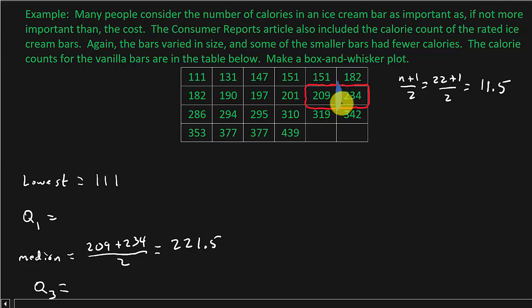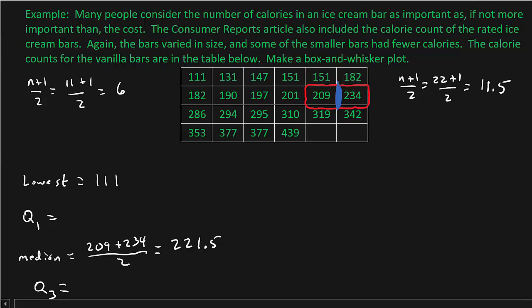Okay, all right. So let's see how many data values we have. We have 1, 2, 3, 4, 5, 6, 7, 8, 9, 10, 11. So once again, we get n plus 1 over 2, which is 11 plus 1 over 2. 12 divided by 2 is 6, so it's going to be in the 6th position. 1, 2, 3, 4, 5, 6.